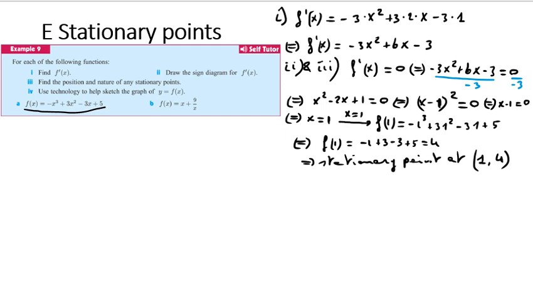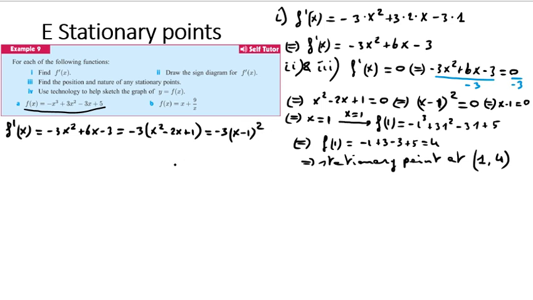To find the nature of this stationary point, we have to draw the sign table. So the derivative of the function, we said it's equal to minus 3x squared plus 6x minus 3. So we can take the minus 3 out, so then we get x squared minus 2x plus 1 between brackets. And this here is equal to x minus 1 to the power of 2.